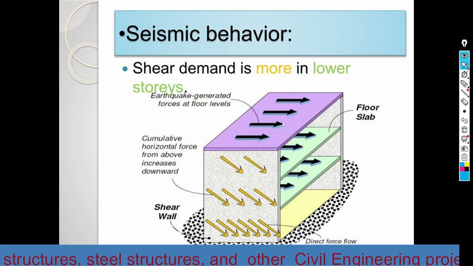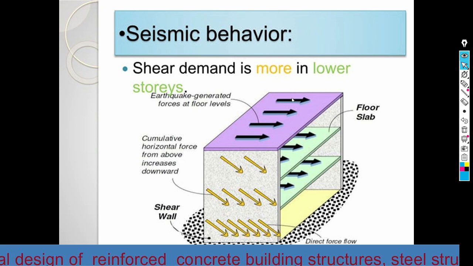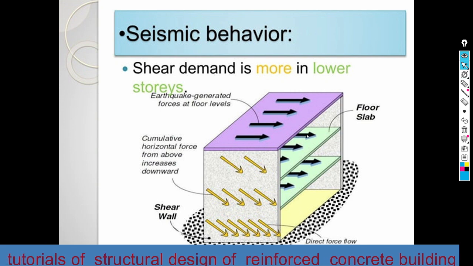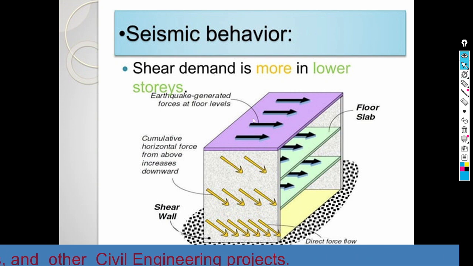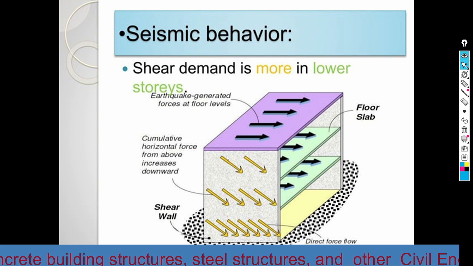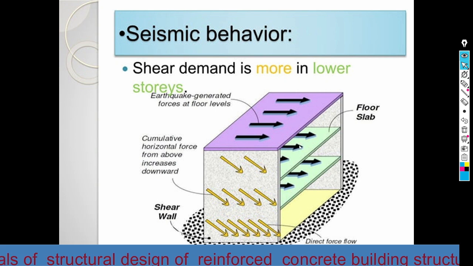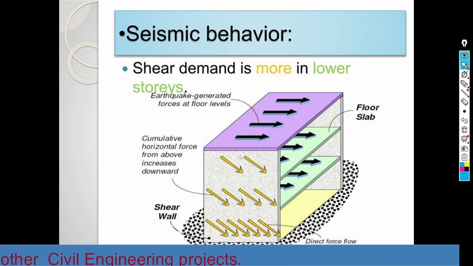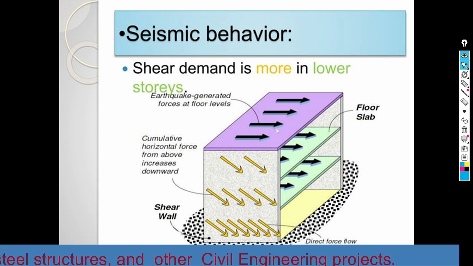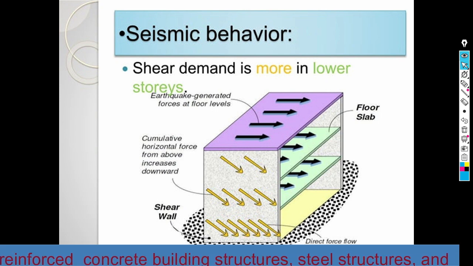Here there is the generated horizontal force at each floor level. So every generated horizontal force will be transferred to what? To the shear walls, and the shear walls to the foundation. This is the smooth transferring mechanism of the horizontal force from the slab to the shear walls, from the shear walls to the foundation.